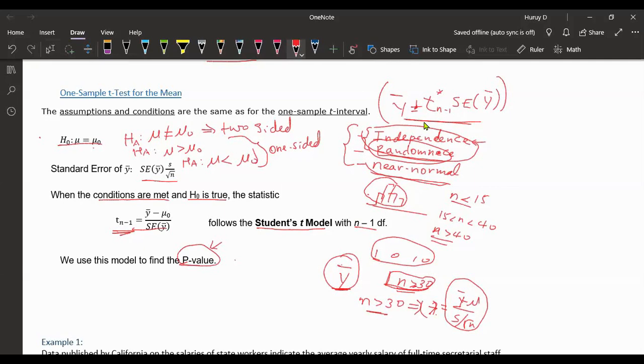All our evidence will be this one now, because the p-value we use comes from our sample. After all these calculations, finally we arrive at this point, and we use this one to decide.